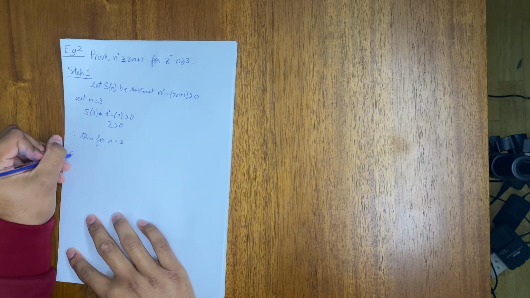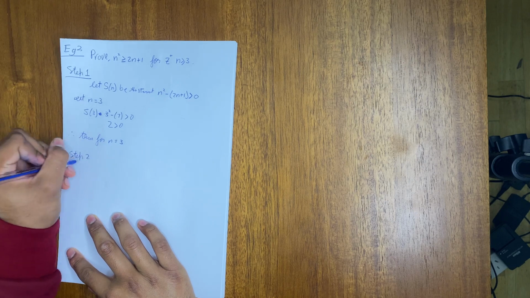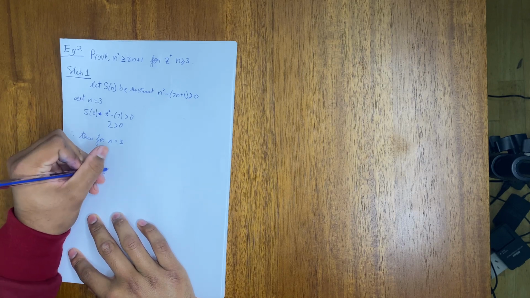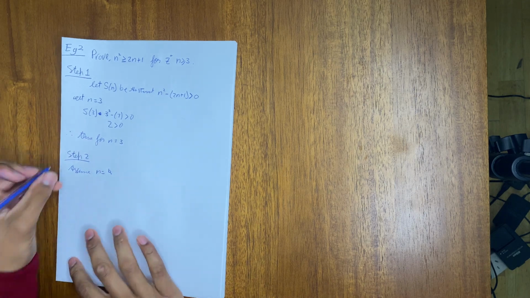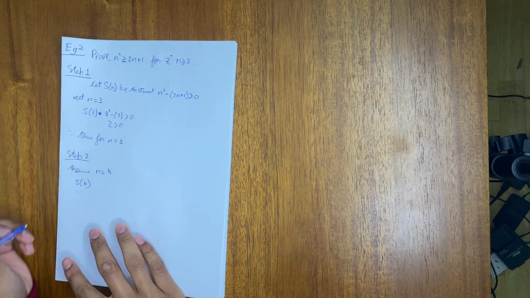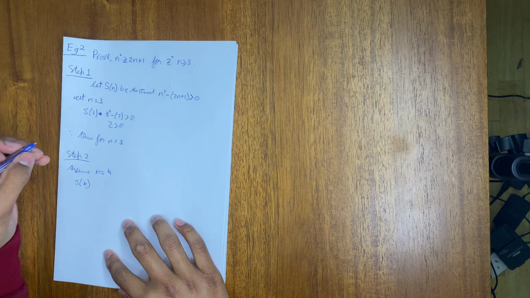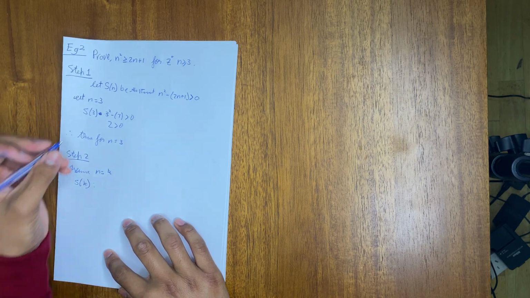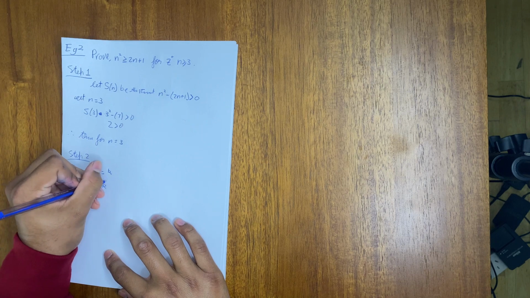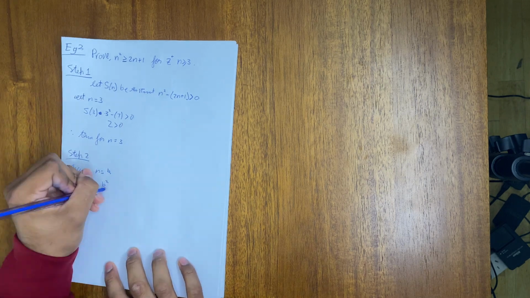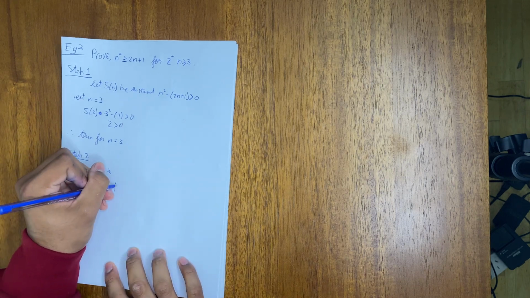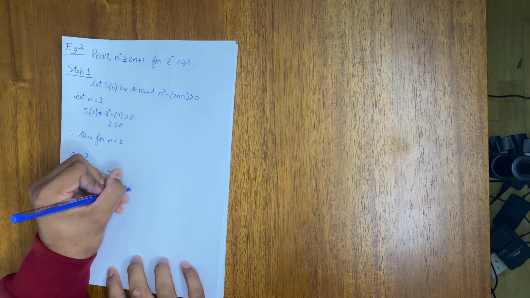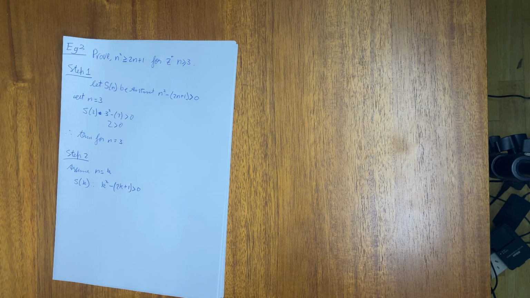Let's go to step 2. Step 2 is assume n equals k in this case. So S of k gives me k squared, my bad, k squared minus 2k plus 1 is greater than 0 in this case.